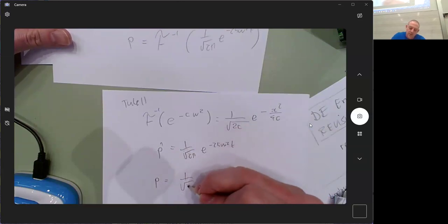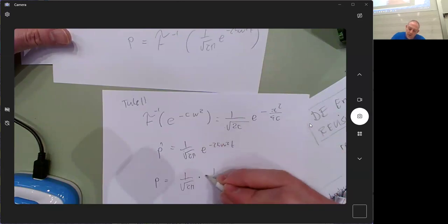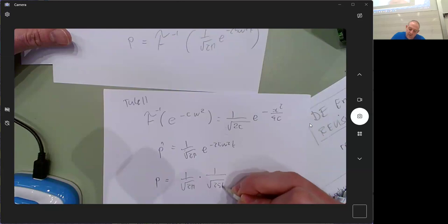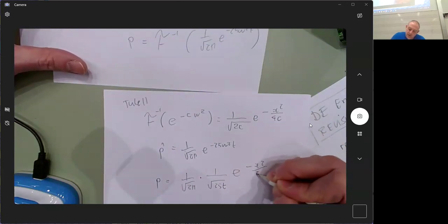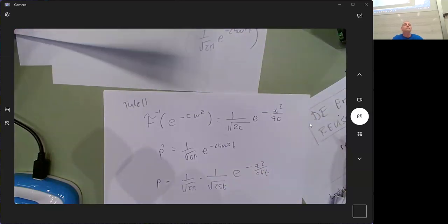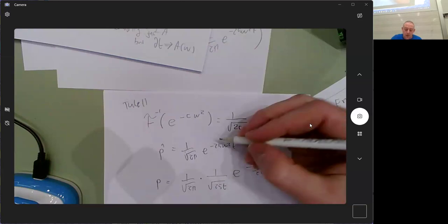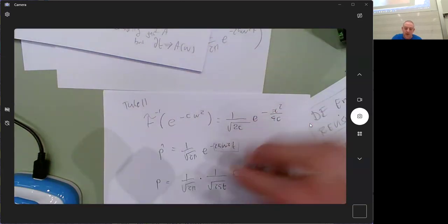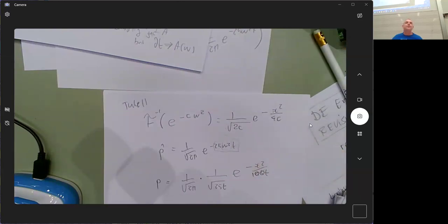So the 1 on root 2 pi will still be there. And this will become 1 on root 25t e to the minus x squared on 25t, because this 25t is playing the role that c plays here. But there'll be a 4 there, 100. Yay.